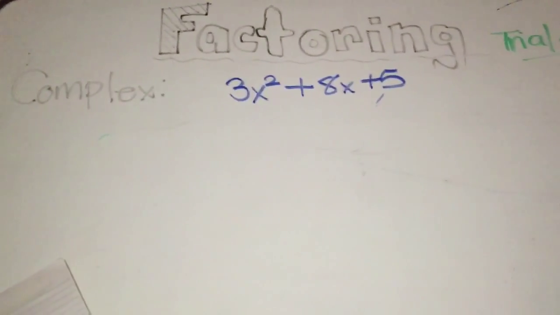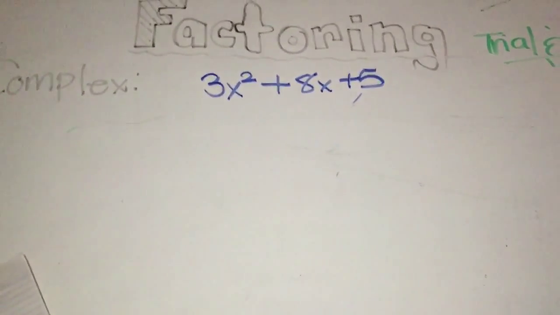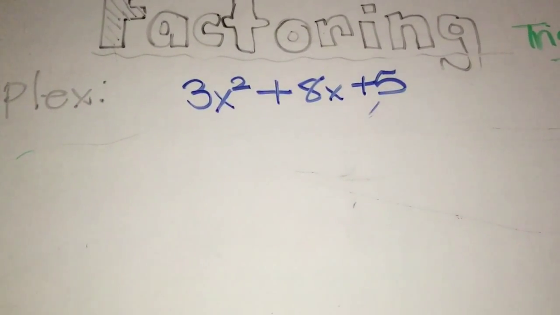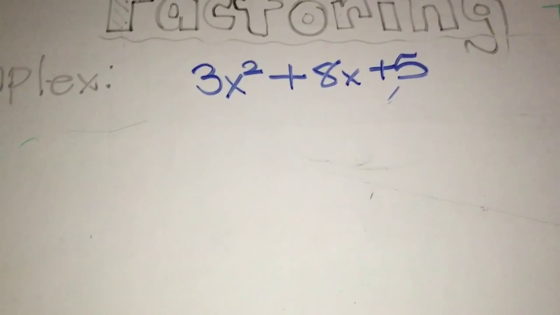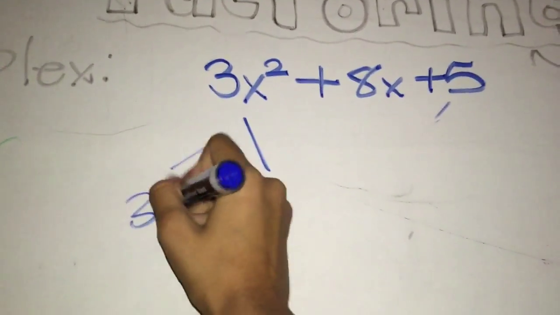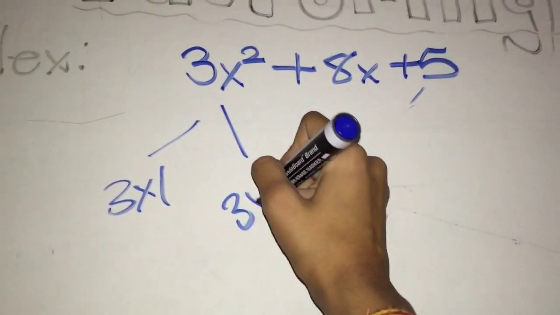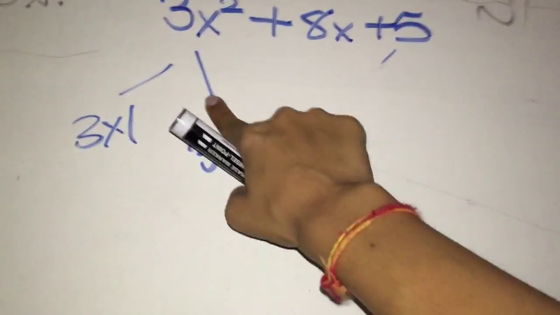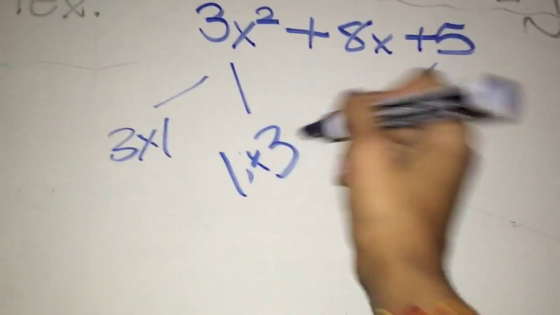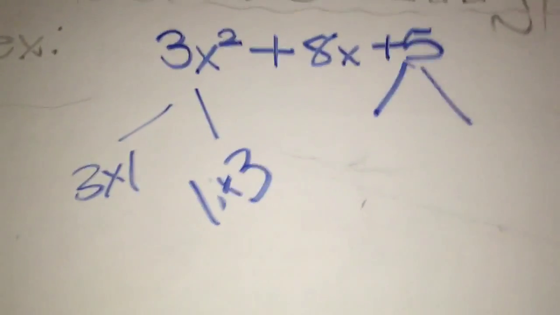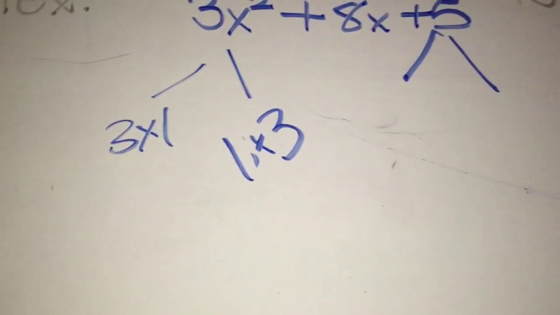Let's look at another complex trinomial and solve it by trial and error. So 3x squared plus 8x plus 5 is the complex trinomial. We know that 3 times 1 equals 3, and 1 times 3 also equals 3. And for 5, we're going to break it down to find its factors.